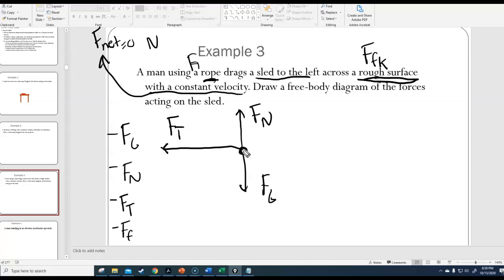So if I have F_T to the left and it's this long, in order to give me a net force of 0, I have to draw my force of kinetic friction the same length going in the opposite direction. And I know force of kinetic friction acts to the right because friction always opposes relative motion.